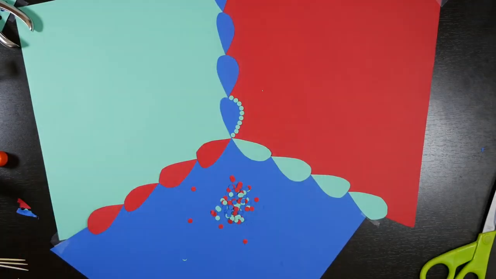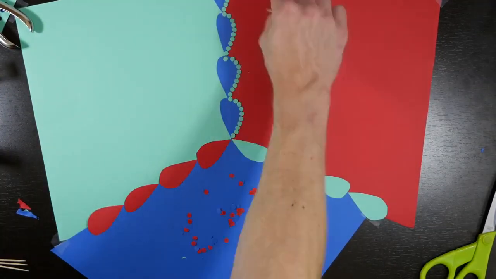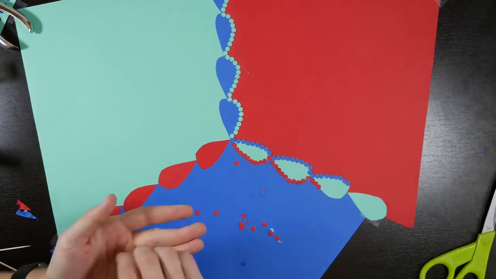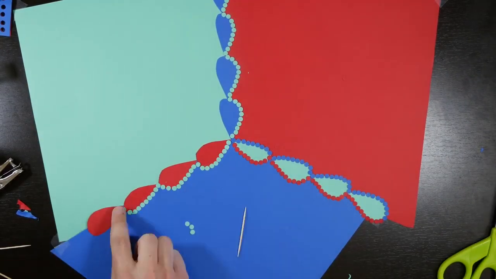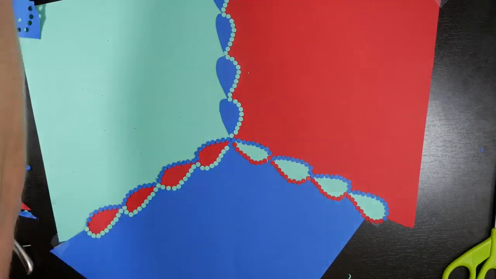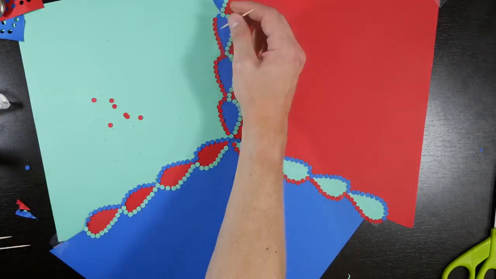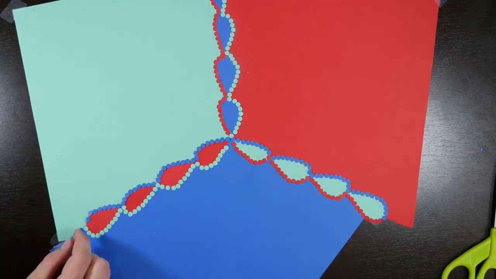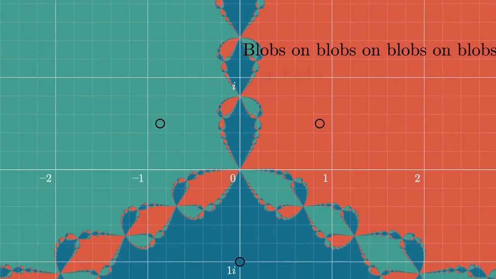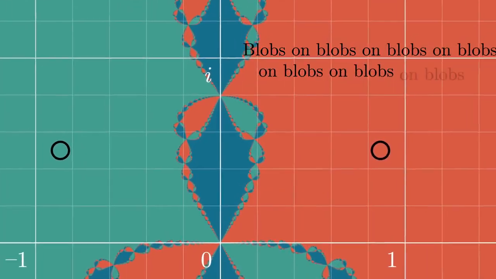And likewise, you have to do this for every one of the blobs that you initially added. But then, all the boundaries of those tiny blobs are problems of their own, and you would have to somehow keep doing this process forever. And if you look at Newton's fractal itself, this sort of blobs on blobs on blobs pattern seems to be exactly what it's doing.